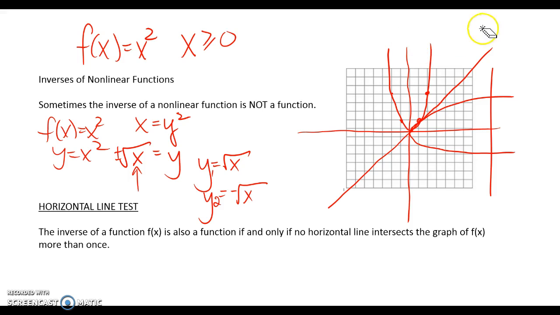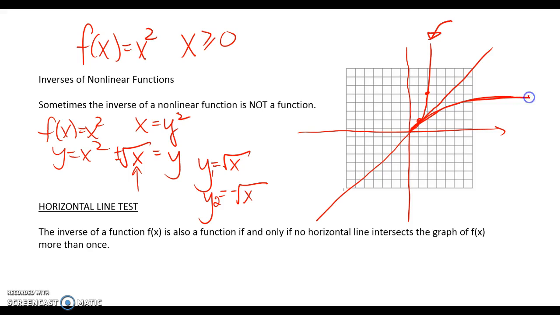So I'm going to erase some stuff here. Let's put our line of reflection. Here is the original function with its domain restricted, right? It can be 0 and greater. Well, when I do the reflection, or the inverse I should say, now that's a function, right?